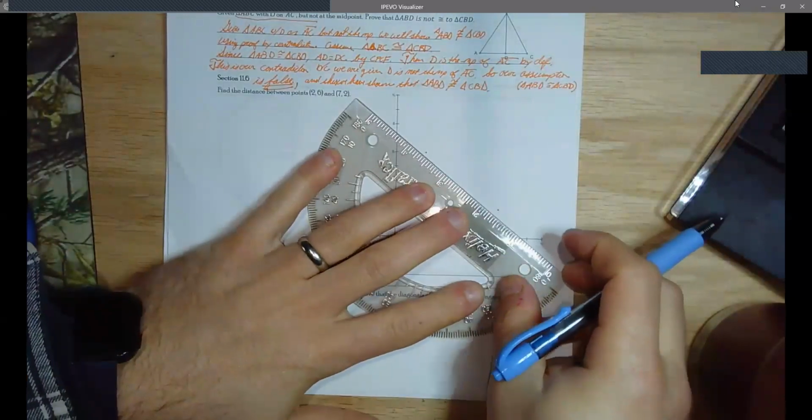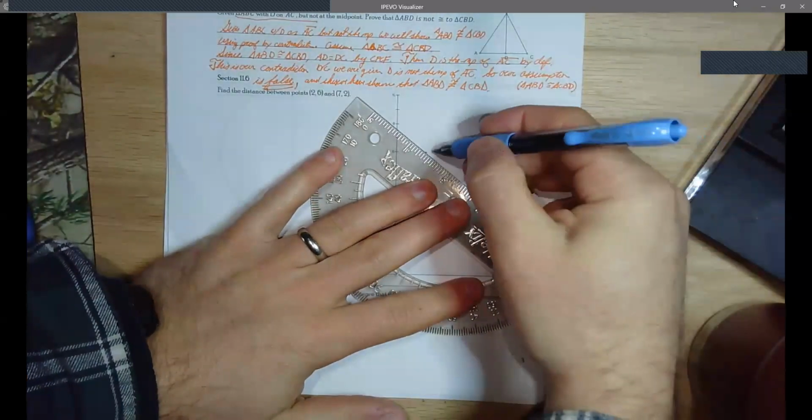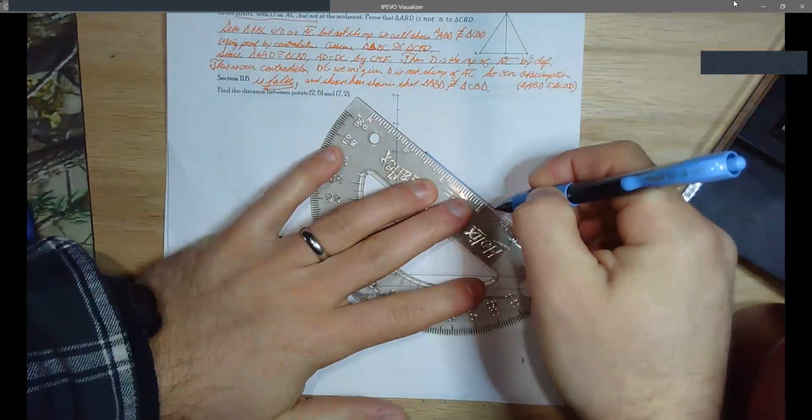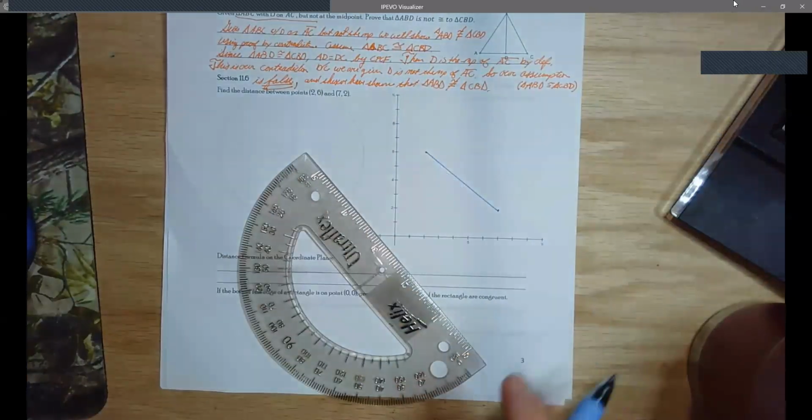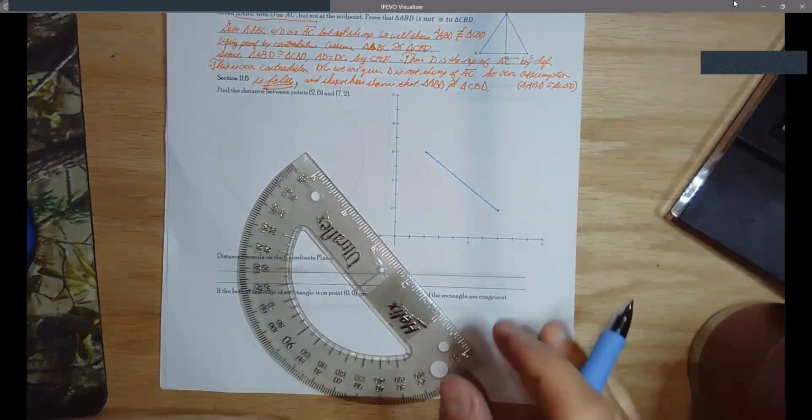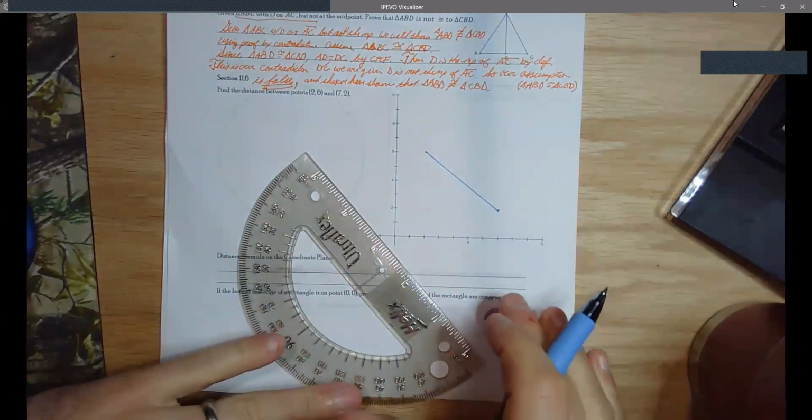So really we're trying to find what is the distance of that line. And one way to do this is to make this into a right triangle.